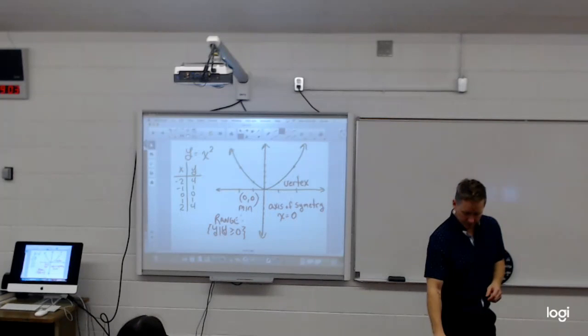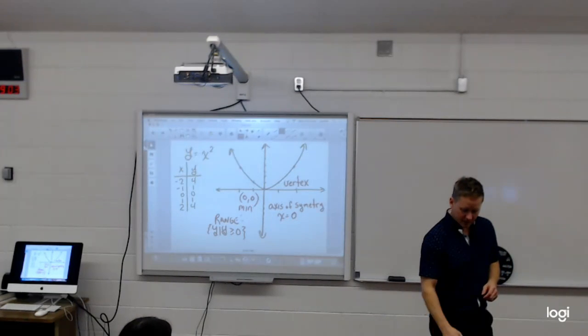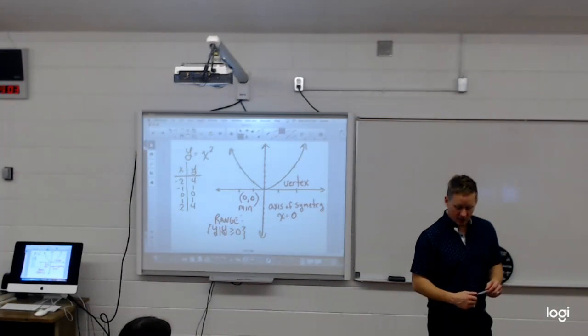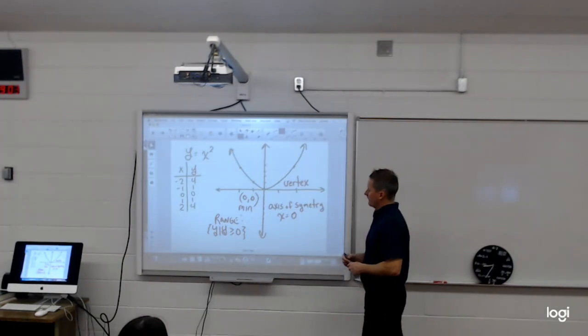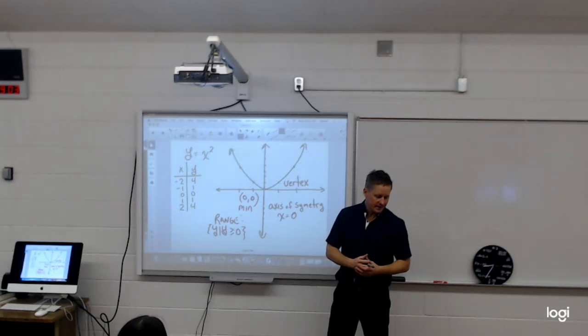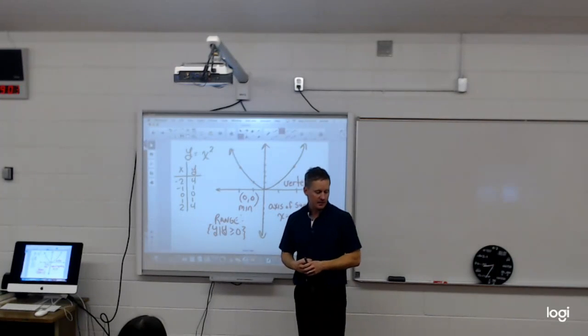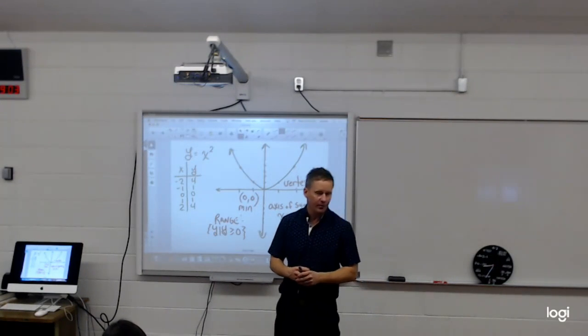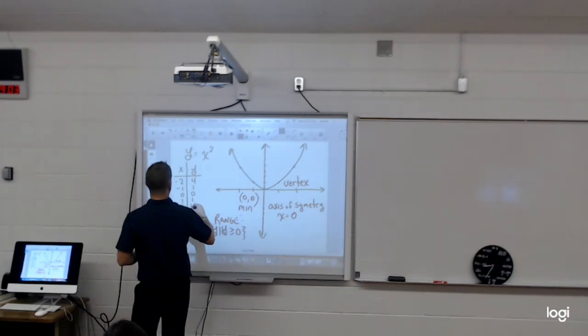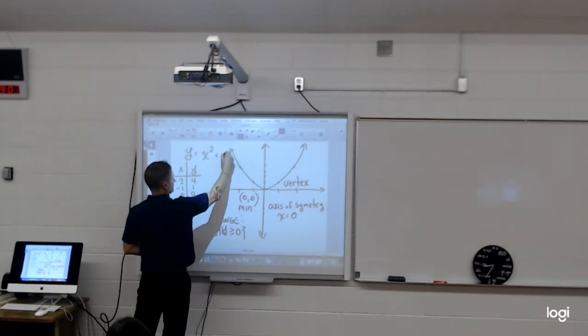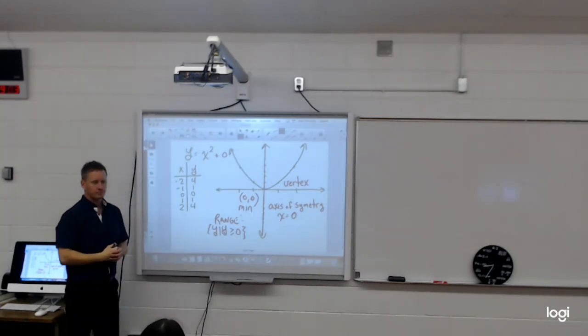So the parabola has a single line of symmetry. The highest or lowest point is the maximum or minimum. I'll talk about a in a second. The y-intercept of the parabola is also my c. In this case, my c is 0.